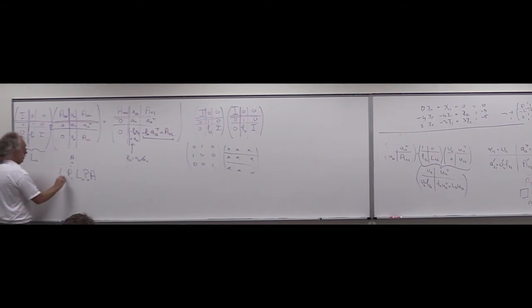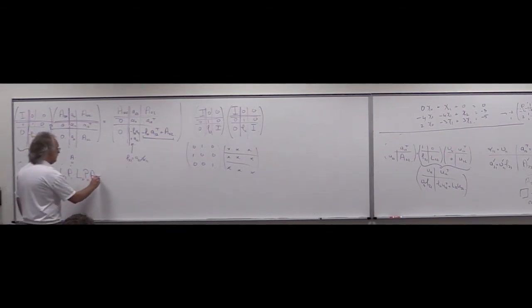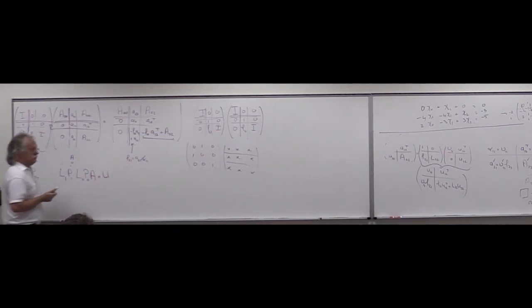You compute another Gauss transform, and you keep doing that. Actually, I think in the last step you can convince yourself you never will have to pivot because you're down to only one element, right? Let's leave it in there anyway. And the result of that is an upper triangular matrix U.